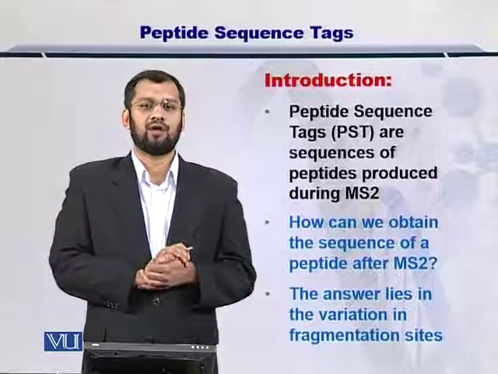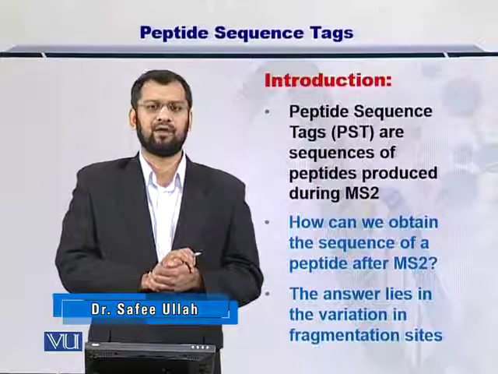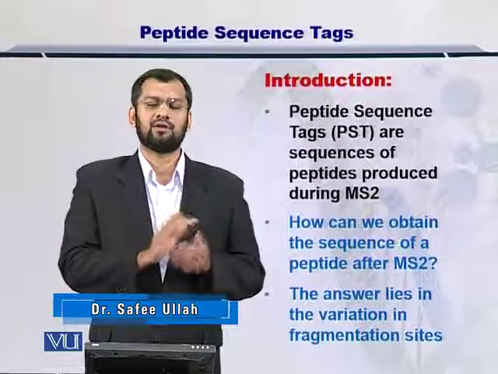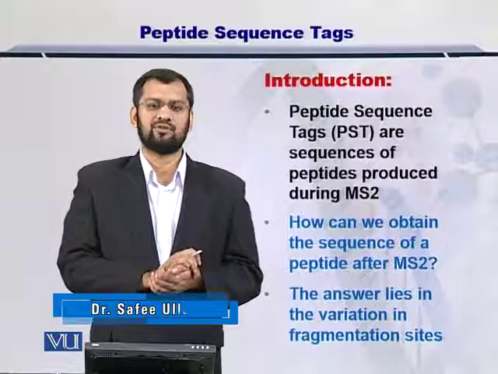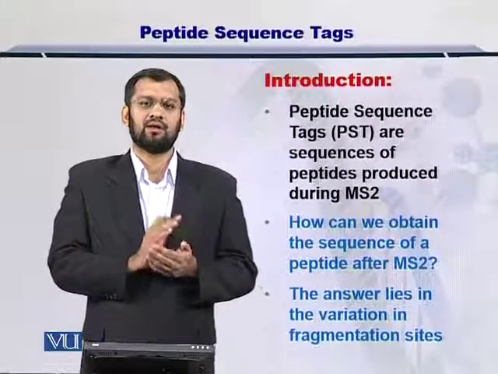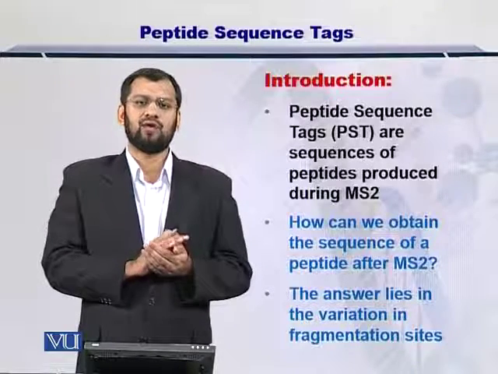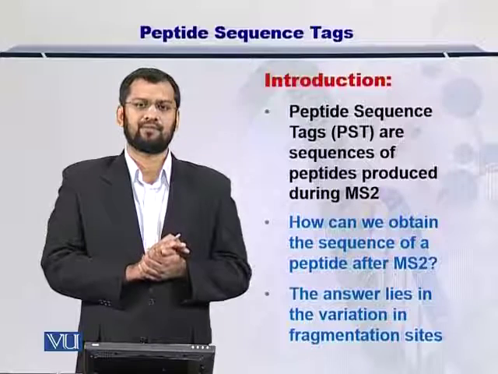Let's take a look at what peptide sequence tags actually mean. So if you have a protein, let's say of 10 amino acids in length, then you fragment it using different fragmentation techniques, and you can arrive at the fragments.